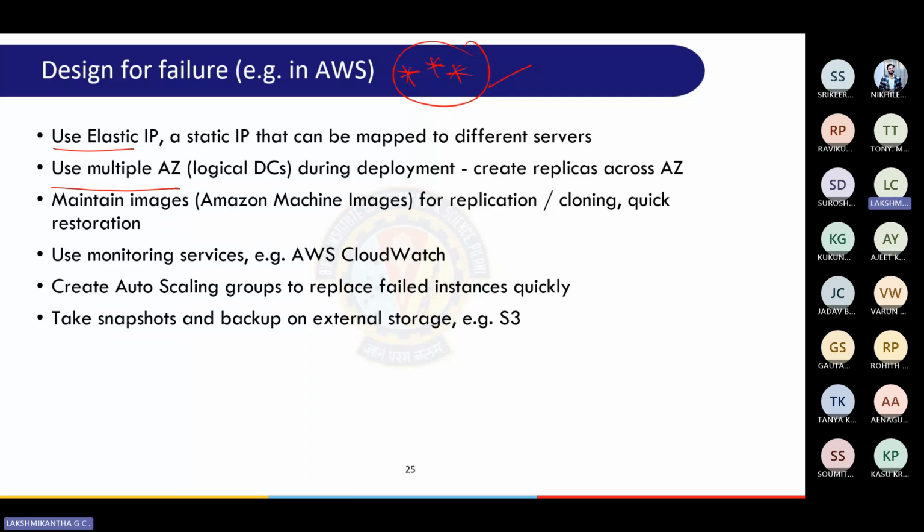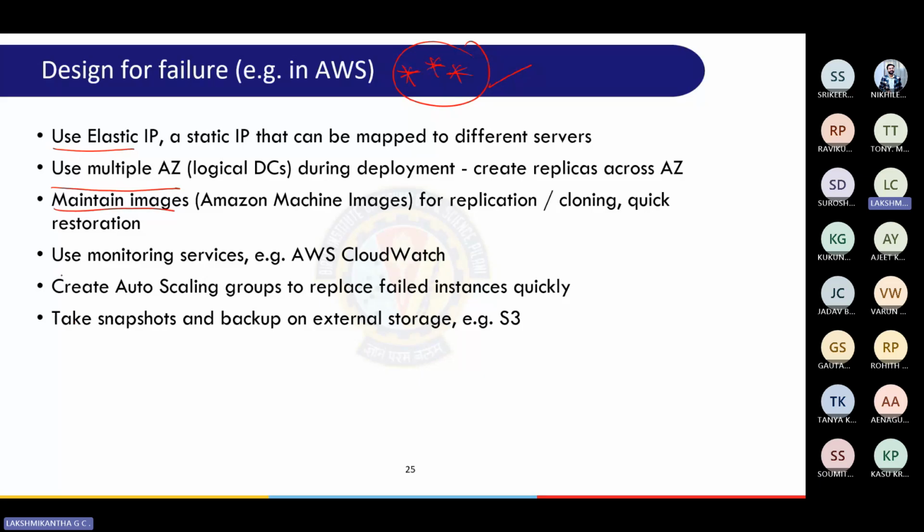If one availability zone fails, your application continues to run in another one. And the third one is maintain images. Guys, create and maintain standardized machine images, like your Amazon Machine Images. These are golden copies of your operating system and application configurations. If a server fails, a new one can be cloned from the image and restored quickly.